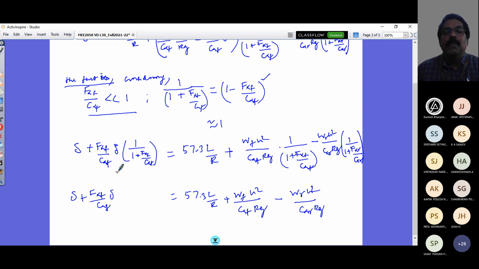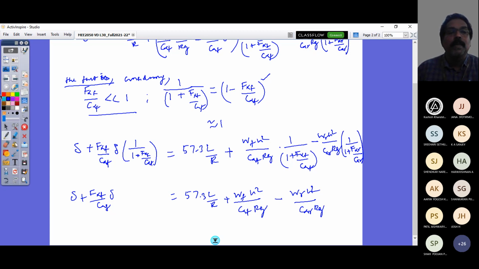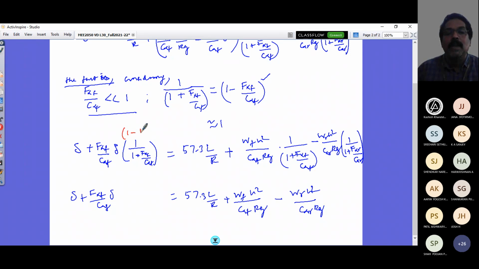So this term, I'll put it in red color. This can be rewritten as 1 plus FXF by C alpha F, 1 minus this. So I replace this by this with the first one, and if I do that, I multiply this with the first term and the second term.